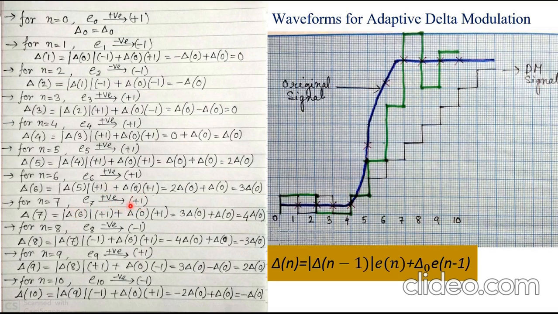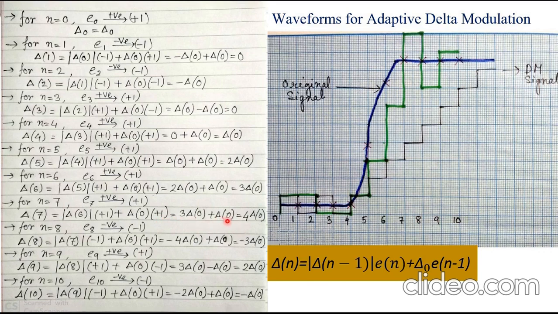So E7 is positive, so it will be +1. So when you calculate step size delta 7, that will be mod of delta 6 into current error, that is +1, plus delta 0 into previous error, that is +1. So the value of mod of delta 6 is 3 delta 0, and plus delta 0 into 1 is delta 0.